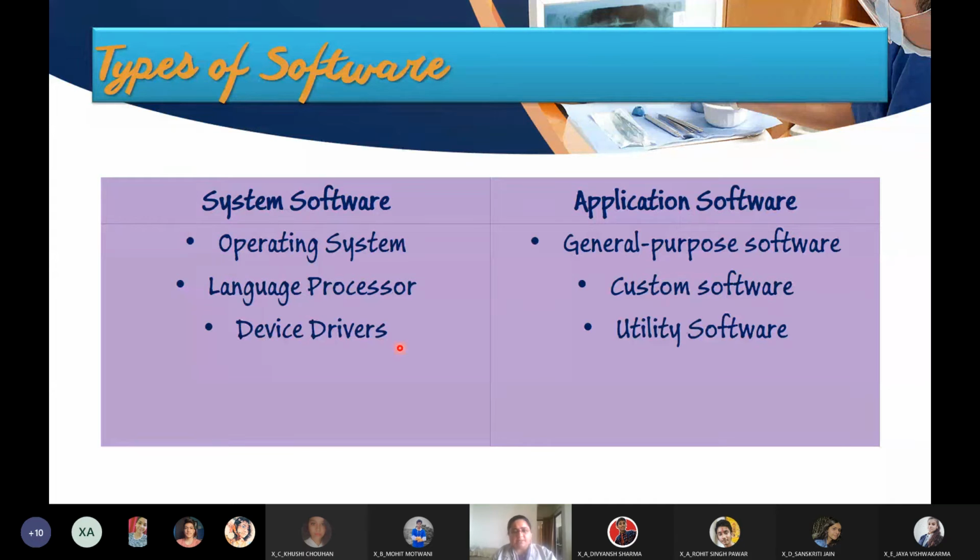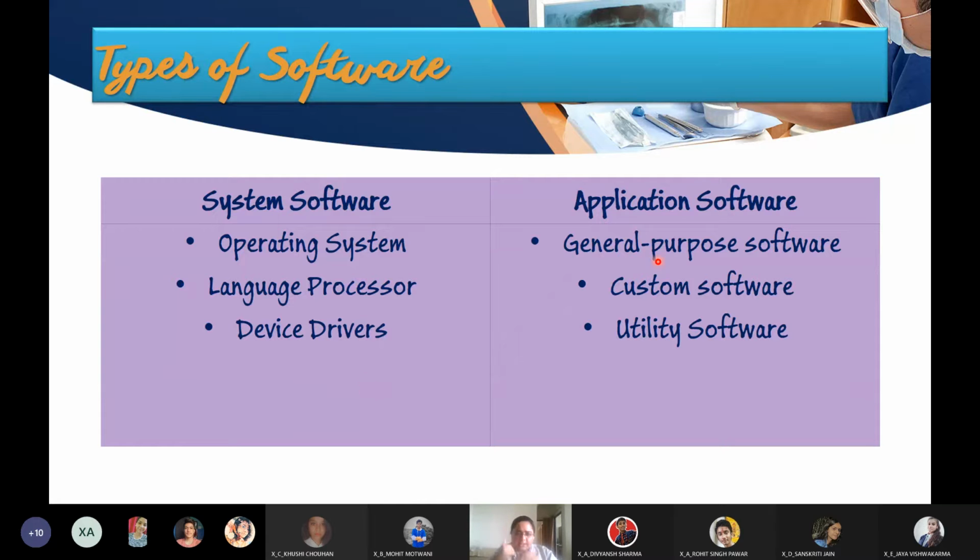Every hardware device, whether it's your monitor, keyboard, mouse, speaker, printer, plotter, anything which you attach to the computer, needs the device driver. So these three, operating system, language processor, and device driver, fall under which category? System software. Then we have the category of application software, meaning software which works on top of the system software.